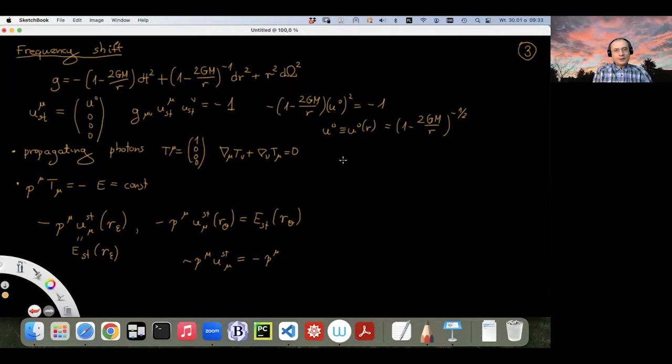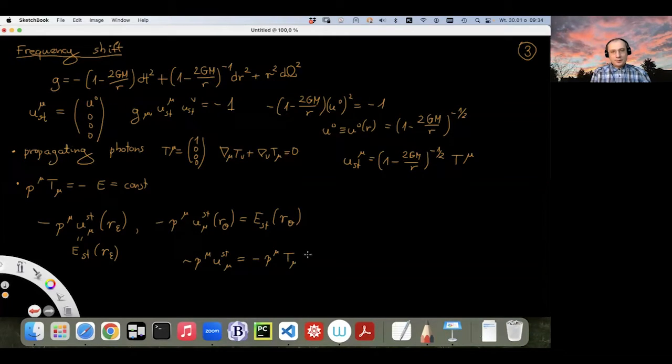From this thing over here, we see that u stationary μ is nothing else but (1 - 2GM/r) to the power of minus 1/2 times the Killing vector T^μ. So they're very close to each other, but not identical. They differ. The four-velocity of a static observer differs from the Killing vector by a normalization factor. Okay, we can take this into account.